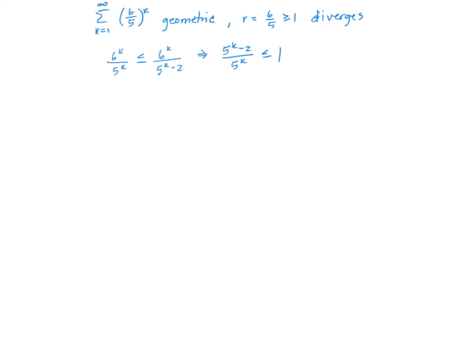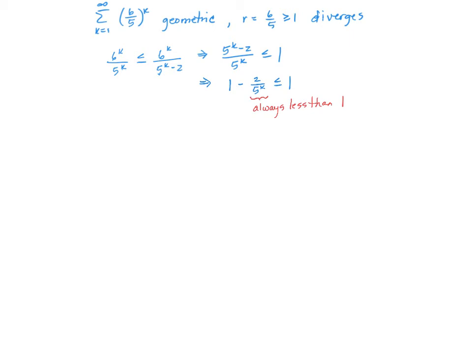Well, this is 1 minus 2 over 5 to the k. Is this less than or equal to 1? Yes, because 2 over 5 to the k is always going to be smaller than 1, but it's also greater than 0.